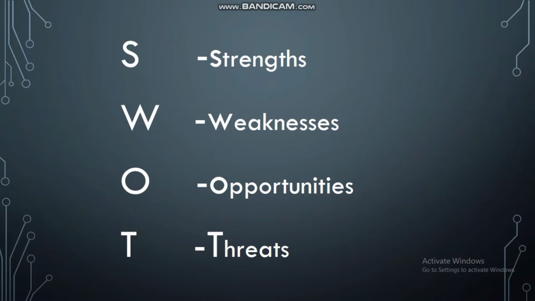O stands for opportunities. This refers to favorable external factors that could give an organization a competitive advantage. T stands for threats. Threats refers to factors that have the potential to harm an organization.